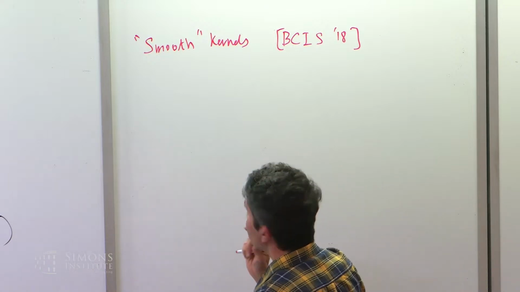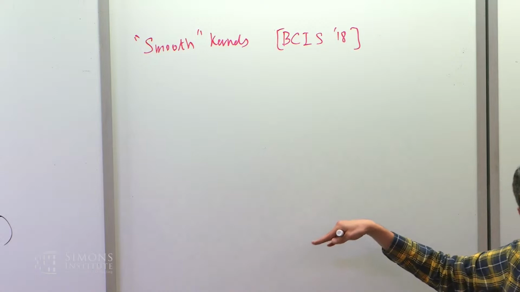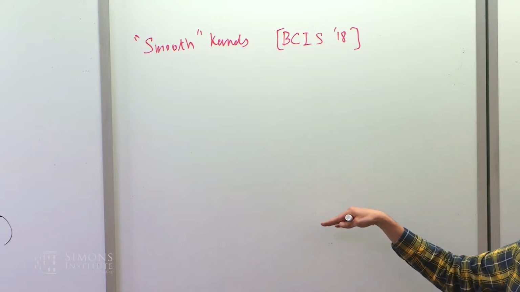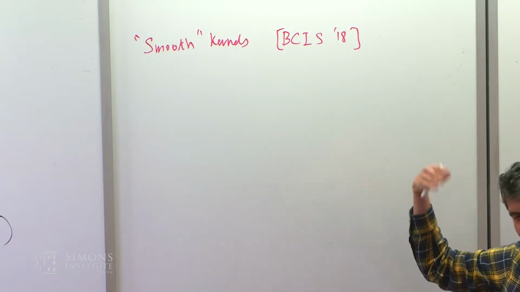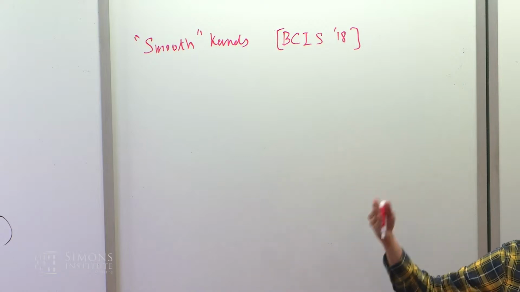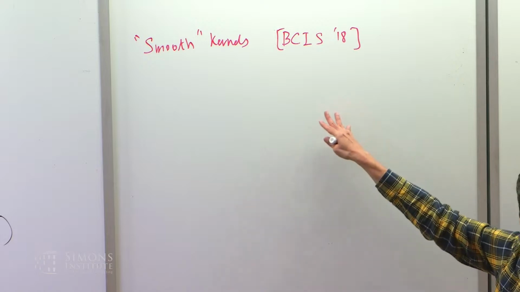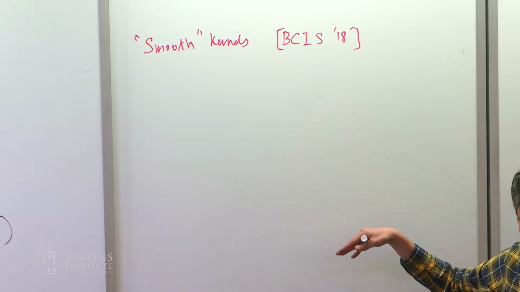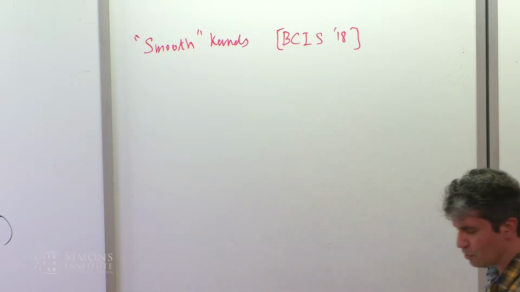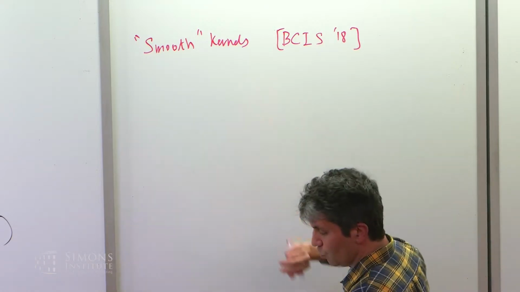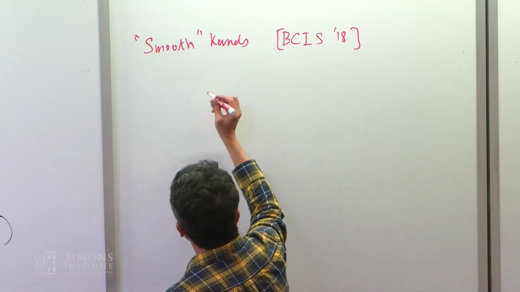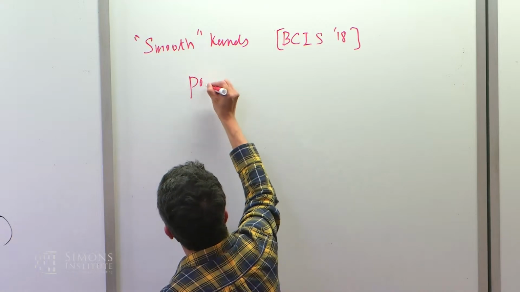Roughly speaking, these are kernels that decay polynomially with distance. I didn't define the Gaussian kernel, but if you think of the expression for the Gaussian, it drops off exponentially with distance. These kernels are those that drop off polynomially with distance. And it turns out that for these smooth kernels, you can actually get a polylog dependence.